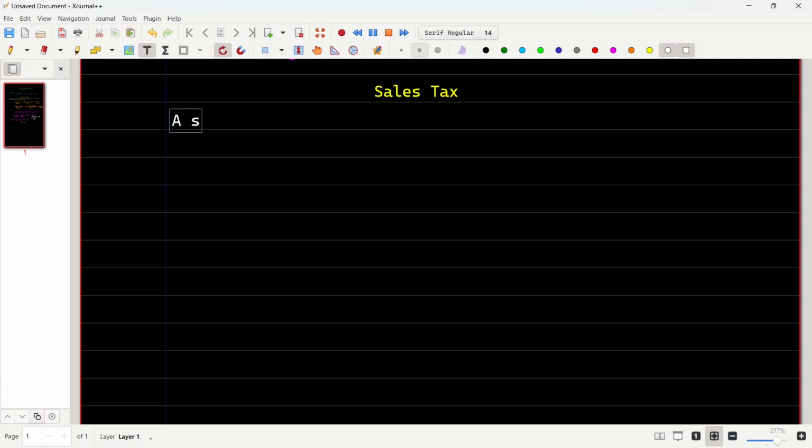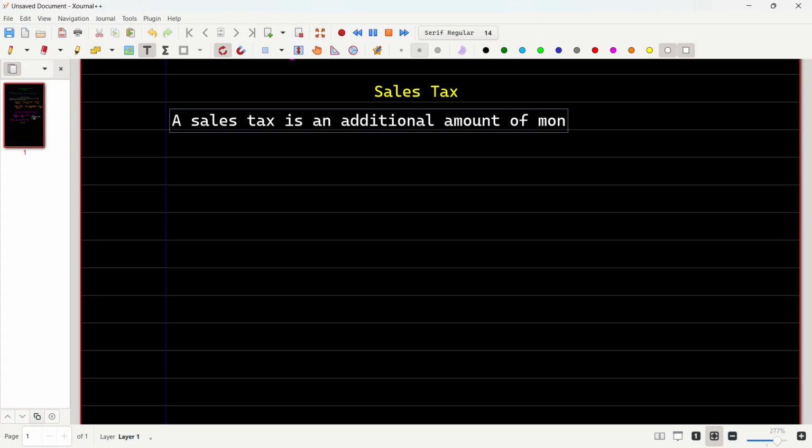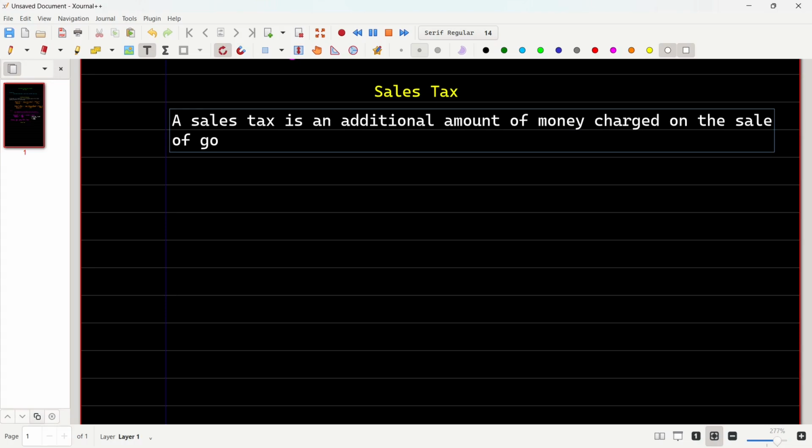So a sales tax is an additional amount of money charged on the sale of goods and services. For example, services such as when you go to a restaurant. They will charge you something like a service fee. All of it is a type or form of a sales tax.